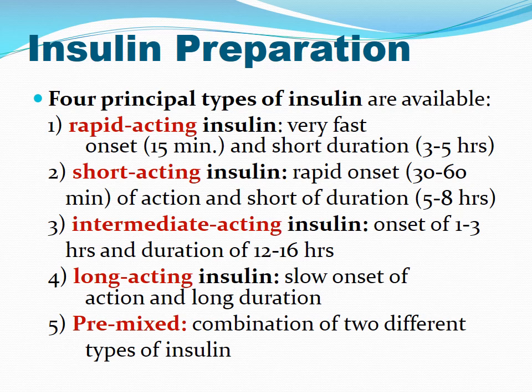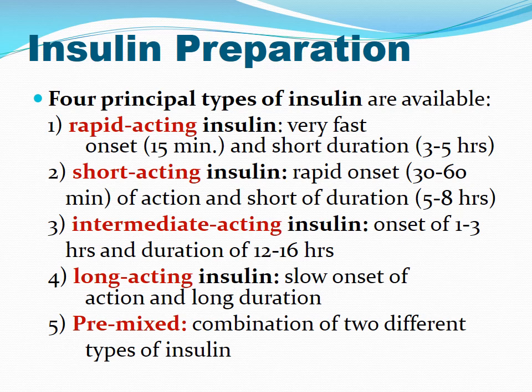4 types of insulin preparations are available. First, rapid acting. These preparations differ in their onset and duration of action. Rapid acting insulins act within 15 minutes and have a short duration of 3 to 5 hours. Short-acting insulins also have a rapid onset, but slower than the first group.